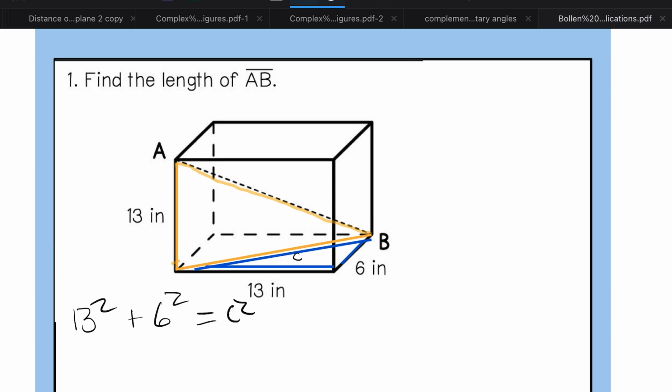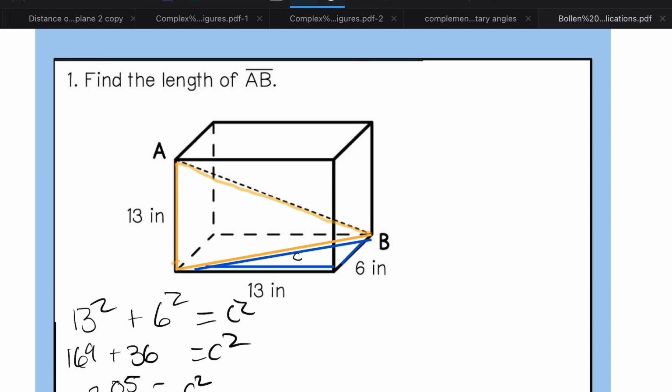And you are going to get 13 squared is 169 plus 36 is equal to C squared. 169 plus 36 is equal to 205, which is equal to C squared.